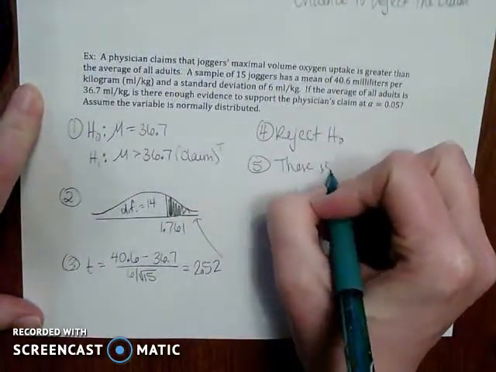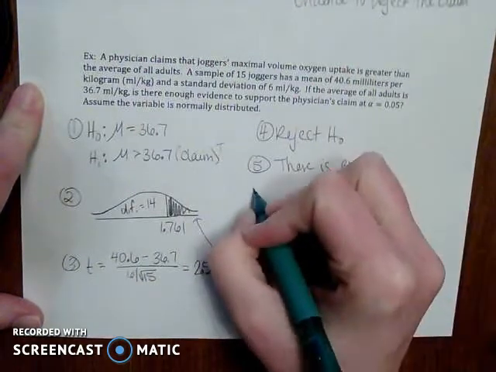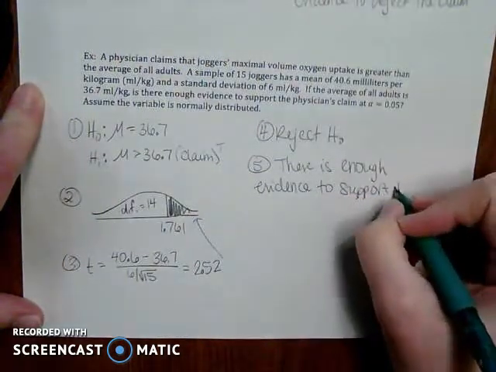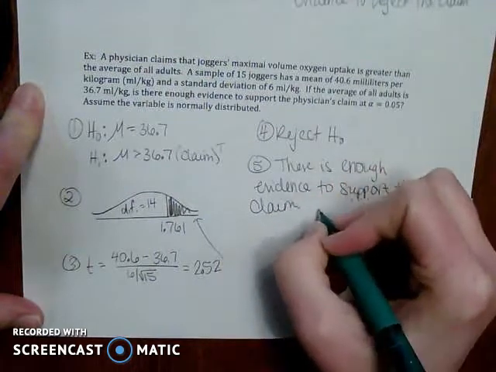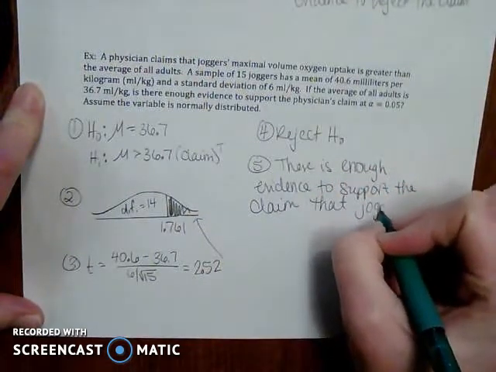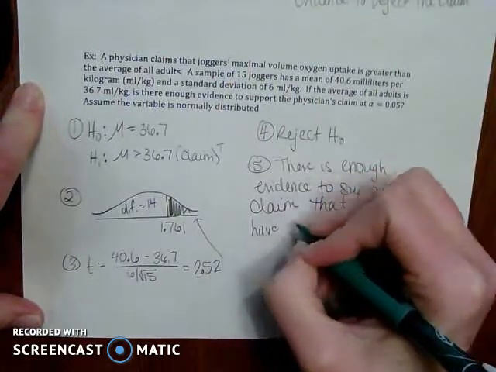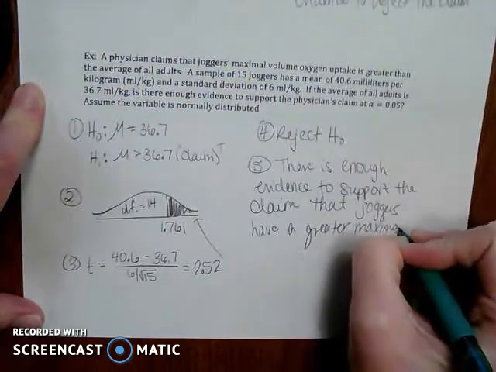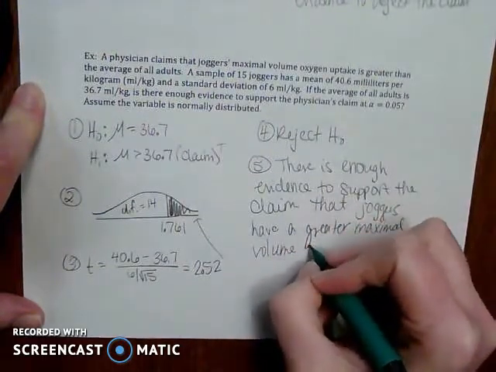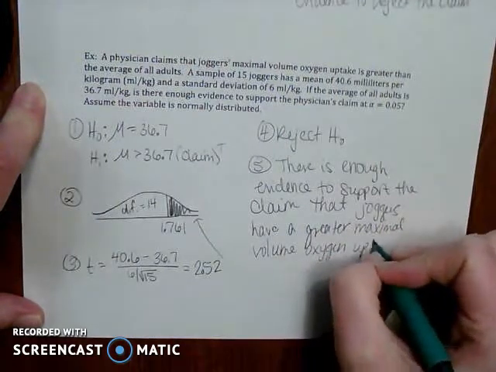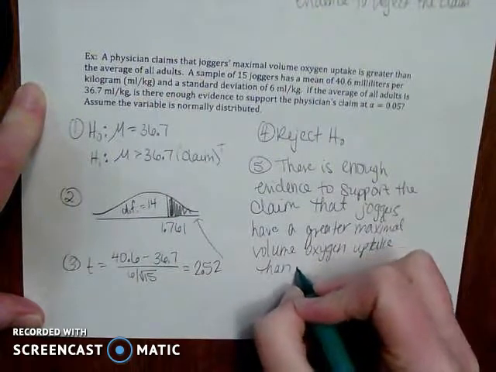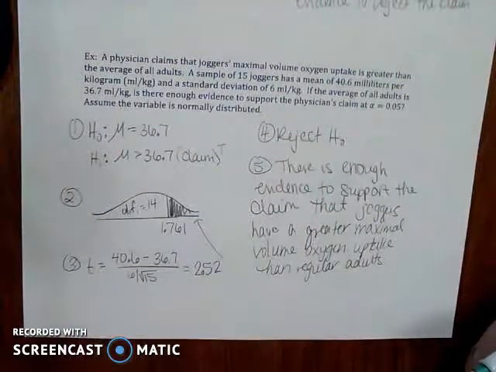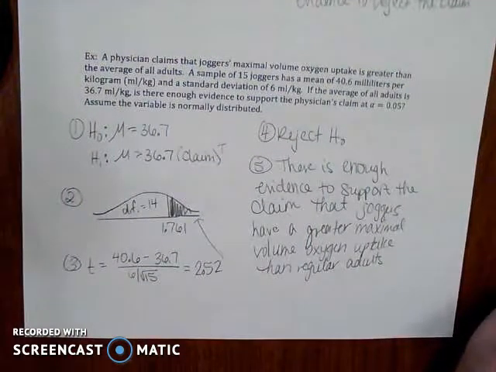So there is enough evidence to support the claim that joggers have a greater maximal volume oxygen uptake, whatever that means, than regular adults. So it says, is there enough evidence to support the claim? Yep, that's what we answered. So we're good to go there.